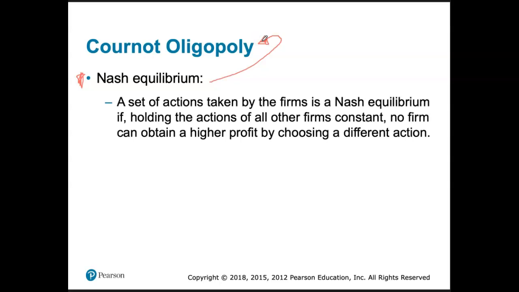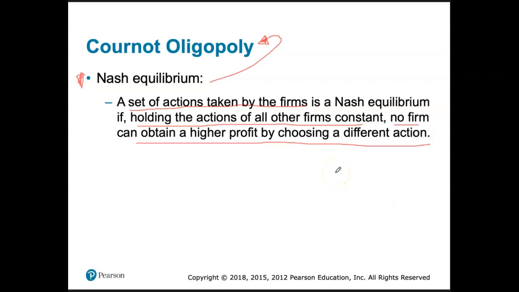So a Nash equilibrium is a set of actions taken by firms such that, holding the actions of all other firms constant, no firm can obtain a higher profit by choosing a different action.